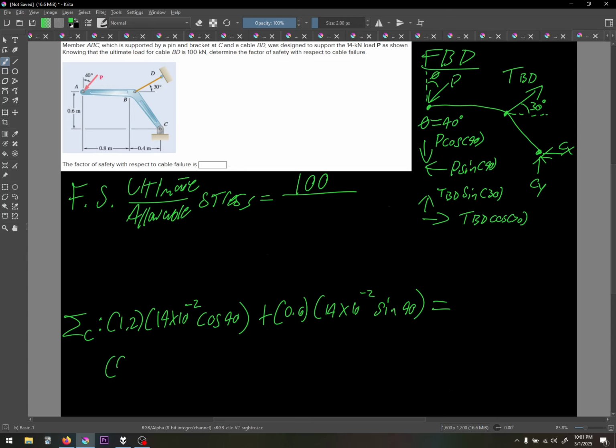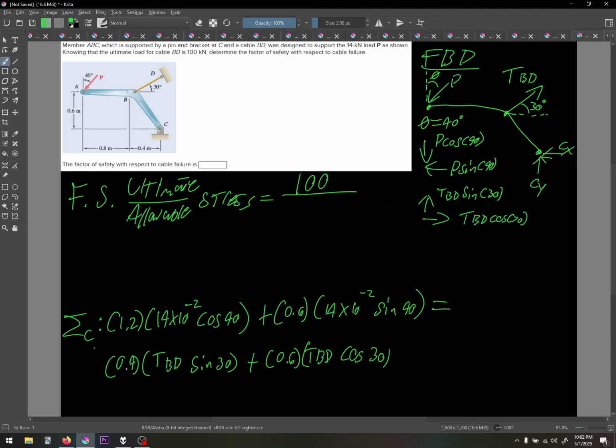So here we're going to have 0.4 of TBD sine of 30 degrees plus 0.6 TBD cosine of 30 degrees.